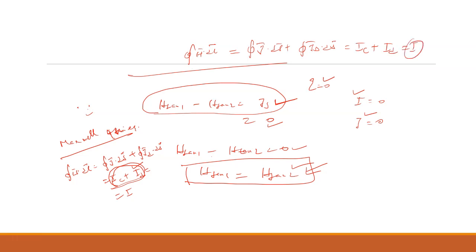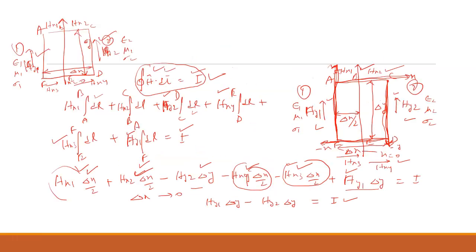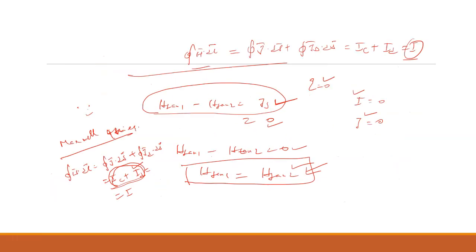So again H dot dl equals I, and we reach the same place, but there the current is only the conduction current, while here the current is conduction current plus displacement current. Then the steps will be the same, so you can use any one of the methods.